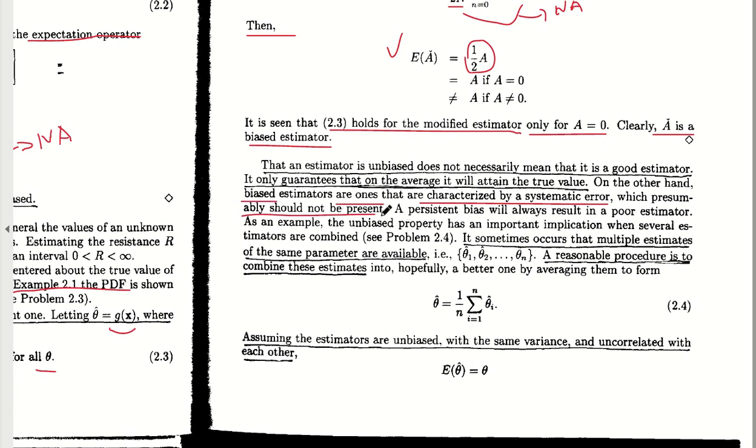Biased means that it has a systematic error. We do not like the systematic error, but in some cases, if it's inevitable, then we accept it. A persistent bias will always result in a poor estimator. As an example, the unbiased property has an important implication when several estimators are combined.